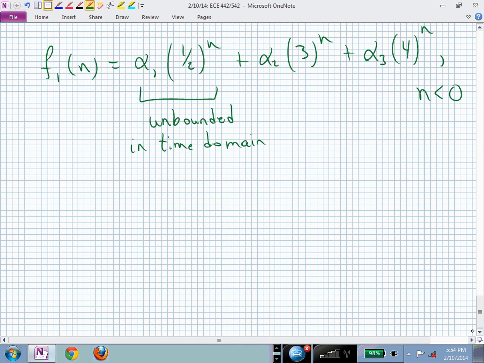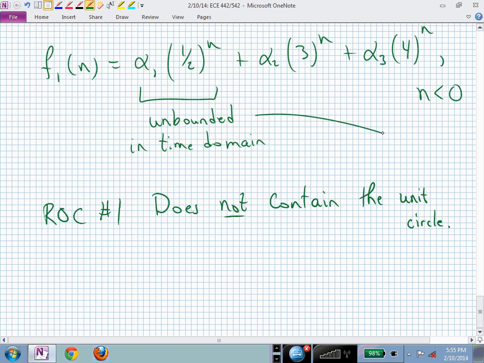So for F sub 1 of n, region of convergence number 1 does not contain the unit circle, and these two are consistent.